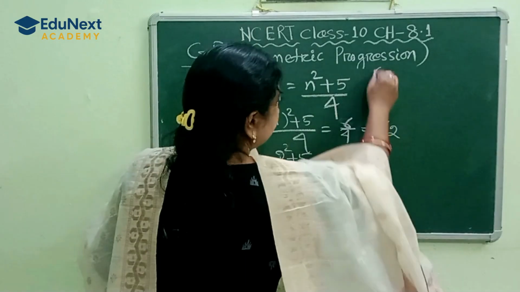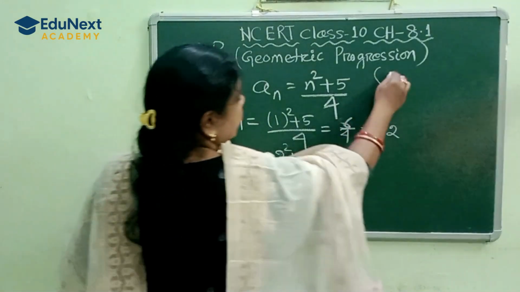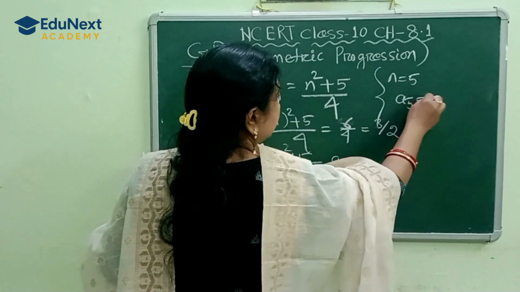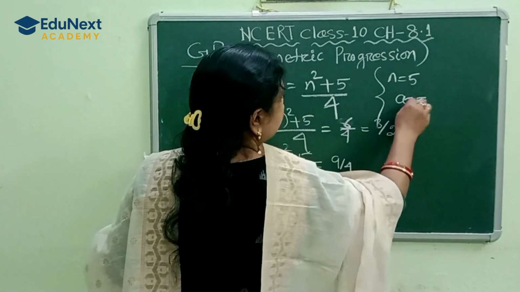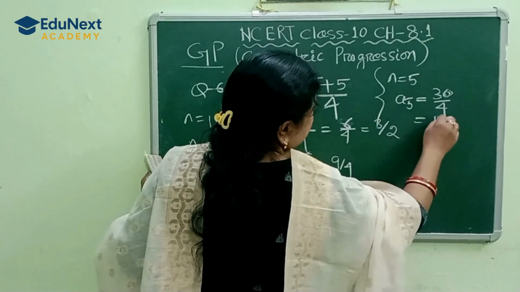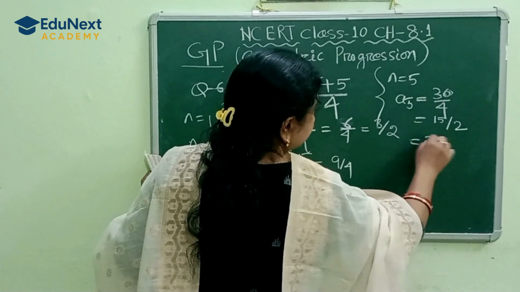Similarly, at n = 5, a5 is equal to 25 plus 5, that is 30 by 4. That means 15 by 2, or you can write 7.5.